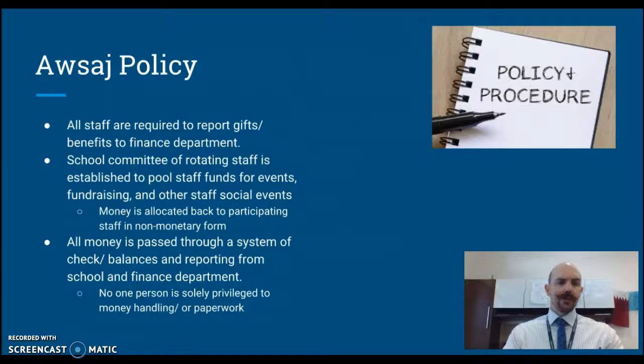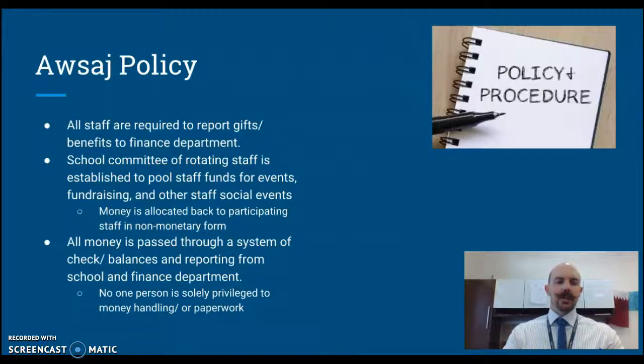Now, at my school, all the staff are required to report gifts or benefits to our finance department. There's a few people that work in that department, so there's accountability through a number of different people, different pay grades, and checks and balances. We do have a school social committee of rotating staff who collect money at the beginning of the year for people who want to participate, and then redistribute that as staff welcoming, like food incentives, potlucks, raffles, and teacher appreciation.